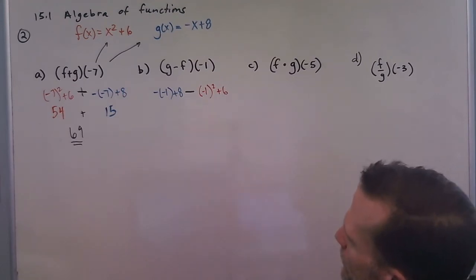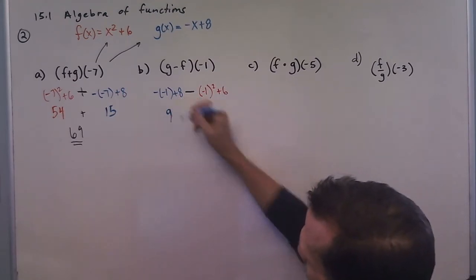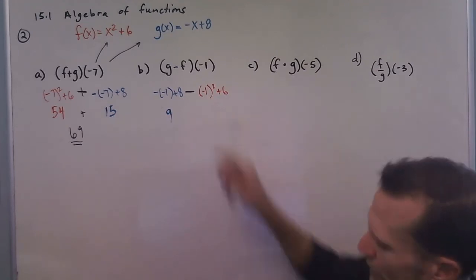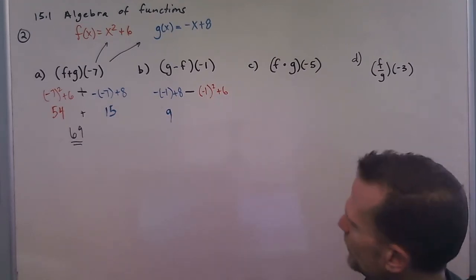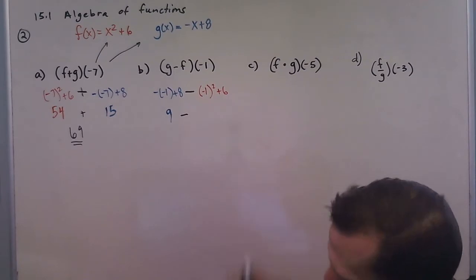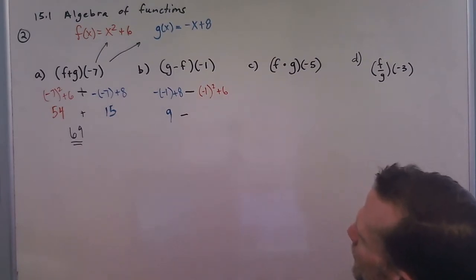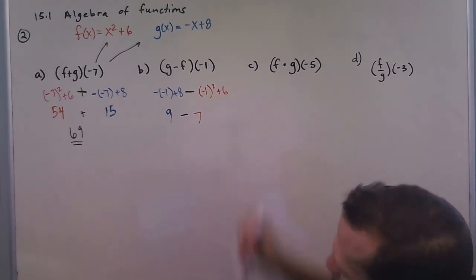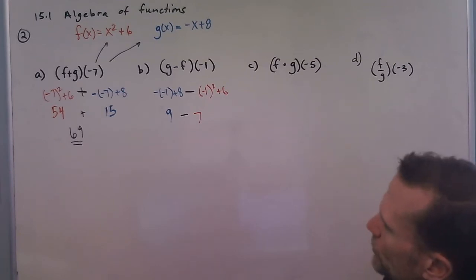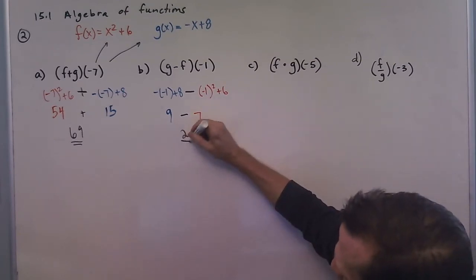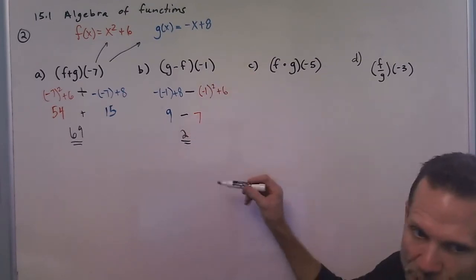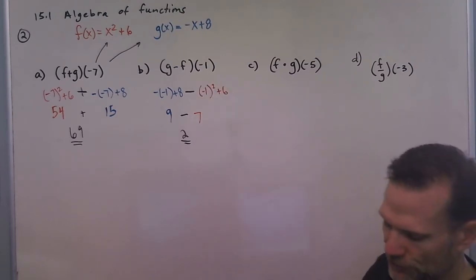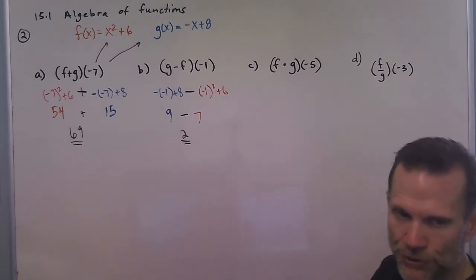Computation here gets us 9. Computation here gets us 7. So we have 9 minus 7. And 9 minus 7 is 2. Okay, so using the input value and then following the instructions of the function notation.